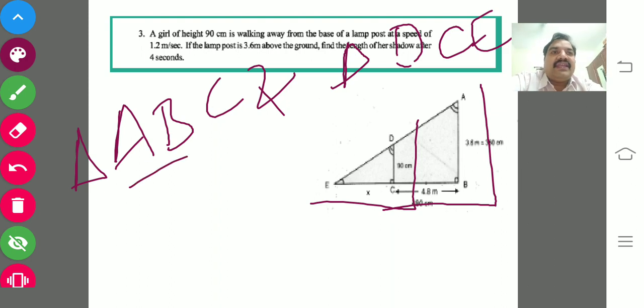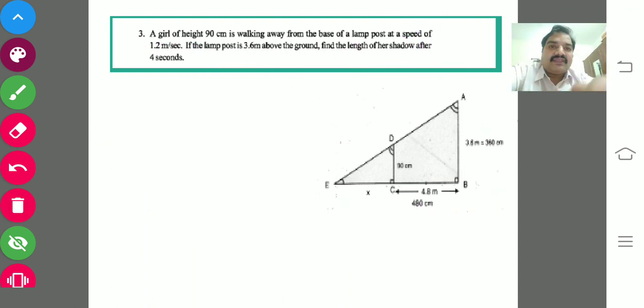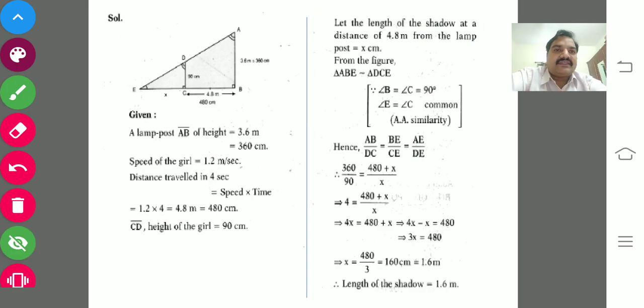Then you can apply AB by DC, BE by CE, and AE by DE. Then you can easily reach your destination. I hope you could understand the analysis. Just see the question. Here the answer is given.